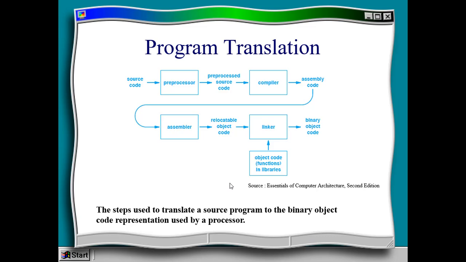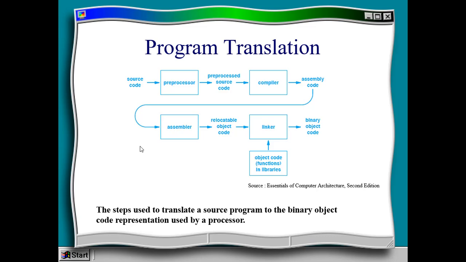First, a preprocessor expands the macros, producing a modified source program. The modified source program becomes the input to the compiler, which translates the program into assembly language.